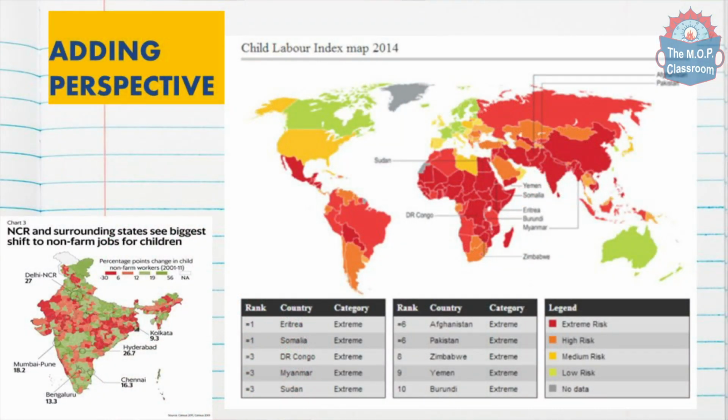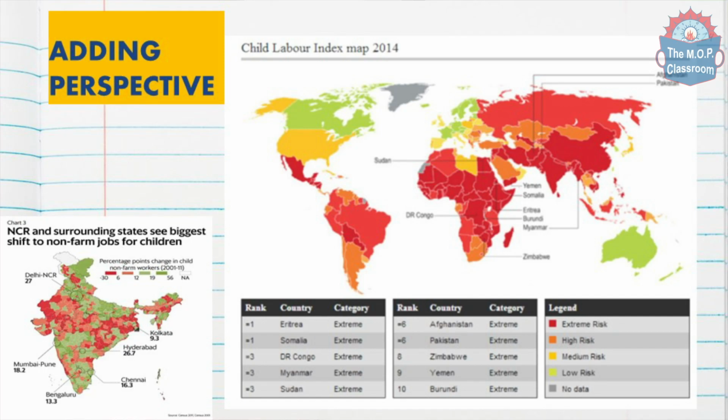Adding some perspective to all the data and provisions that we have seen so far, let us have a quick look at the Child Labour Index map as framed in the year 2014. World data shows that there has been gross employment of children in all kinds of factories and establishments, not only in India but the world over.